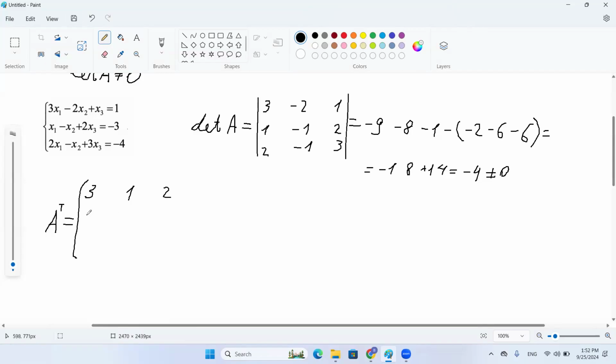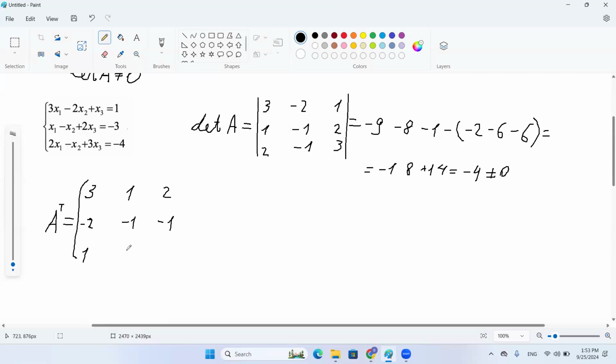Then 2, minus 1, and 3. In the first row it's minus 1, 2. Yeah, so we just make it a row. So -2, -1, -1. So it will become a row, and so what remains?